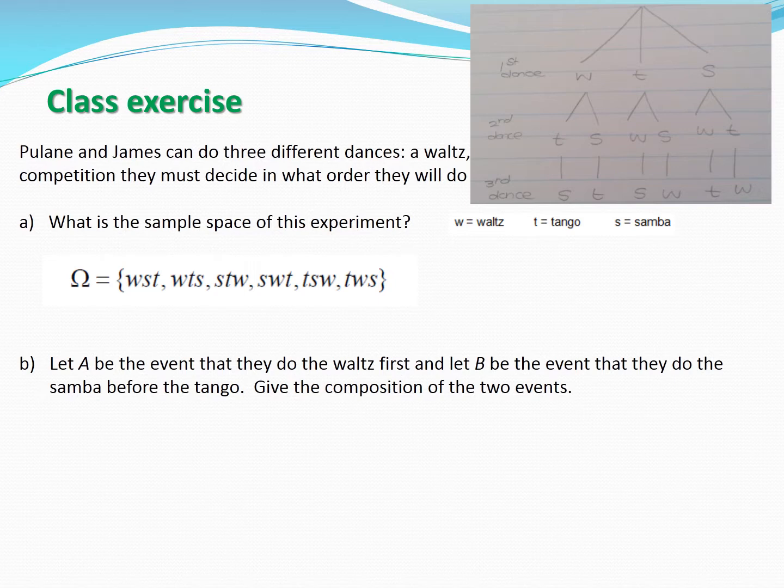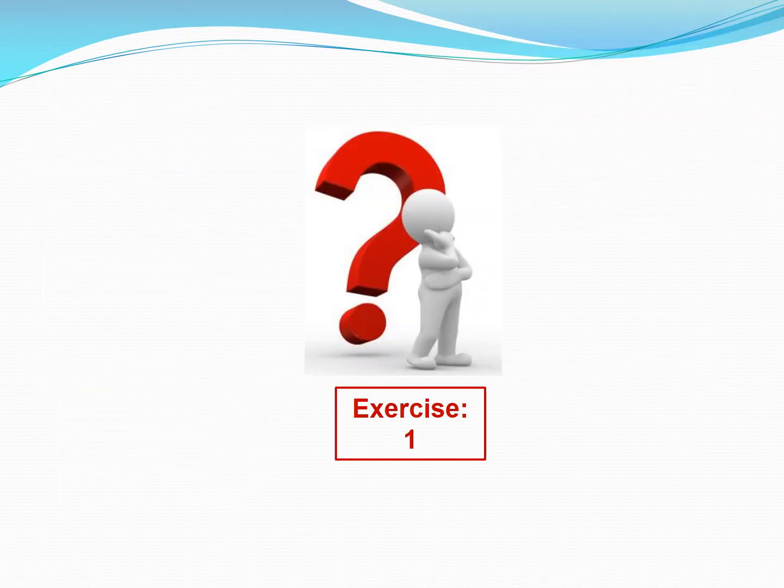And if they do the waltz first, these will be the 2 outcomes for event A. And for event B, they do the samba before the tango. So you will have those 3 outcomes. You can complete exercise 1 for homework, please, and the exercise solution will be available on eFundi.